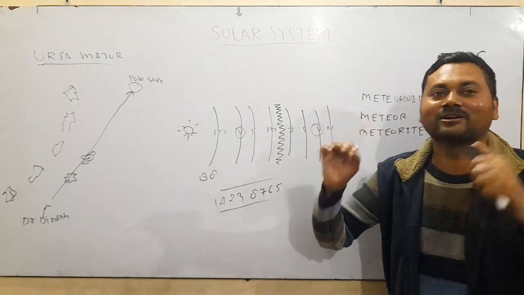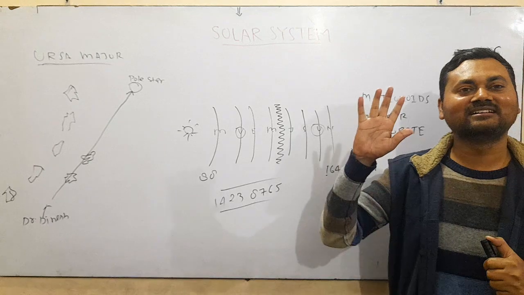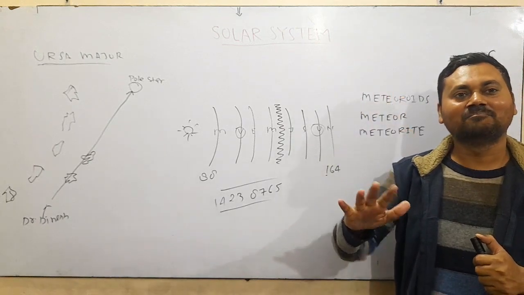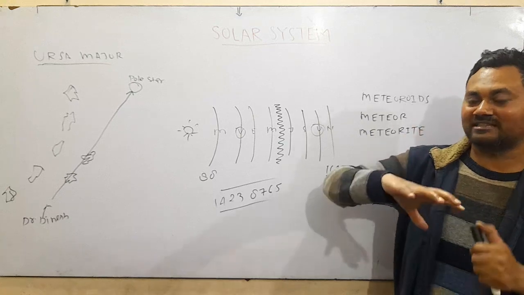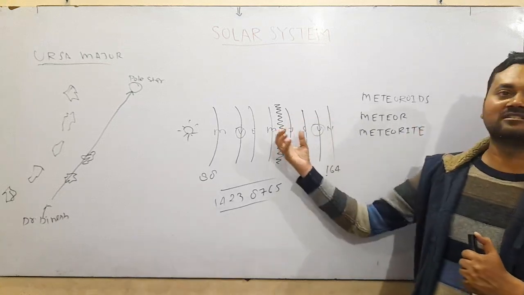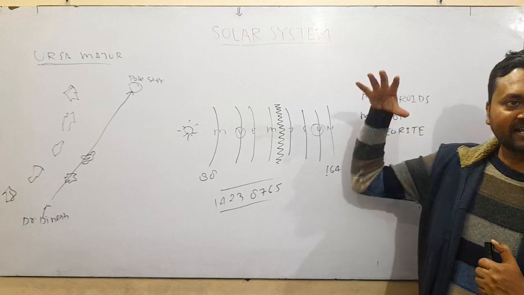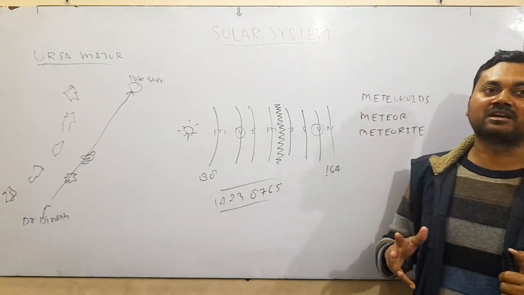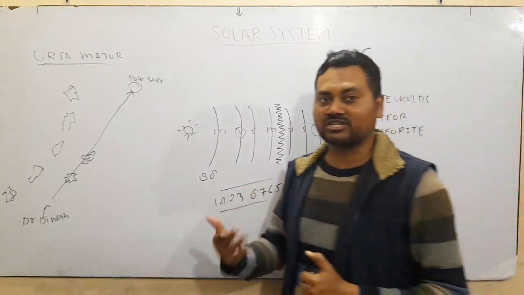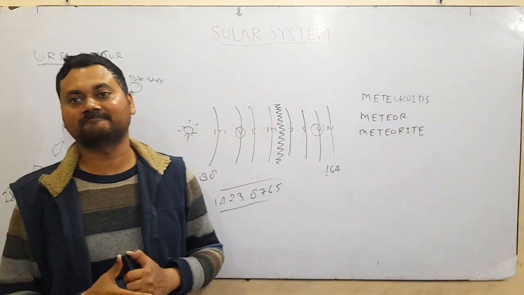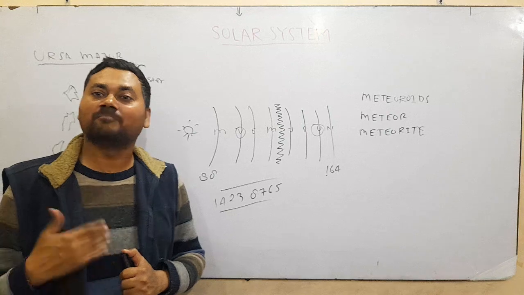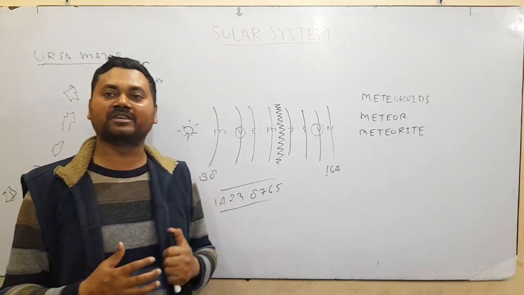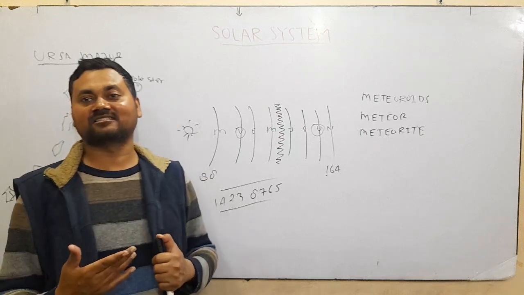They do their level best to cross the atmosphere, but as we know, as these meteoroids enter the earth's atmosphere, due to friction, they start burning. But some of them get success.